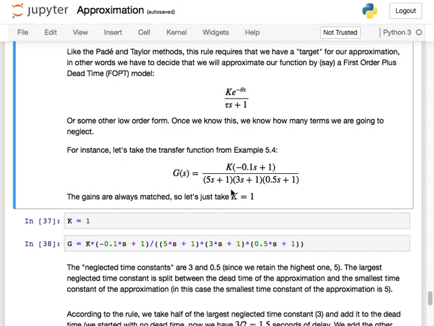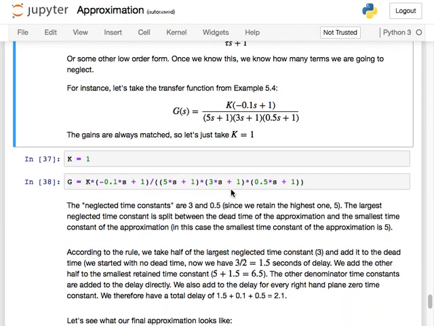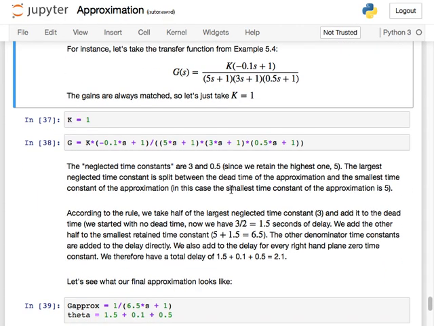And so Skogestad says, no, split halfway. Half of the time constant goes to the time constant, and half of the time constant goes to the dead time. Then the remaining ones, we add that straight to the dead time. So all the remaining time constants we just add straight to the dead time.